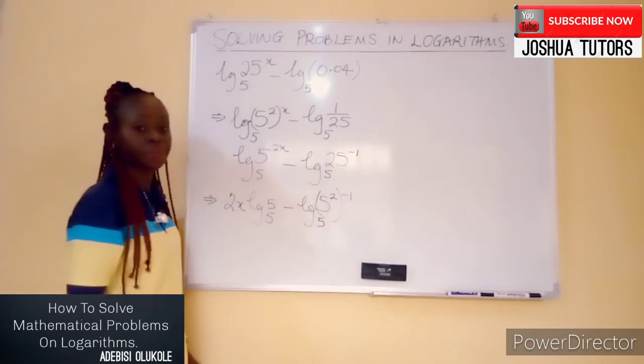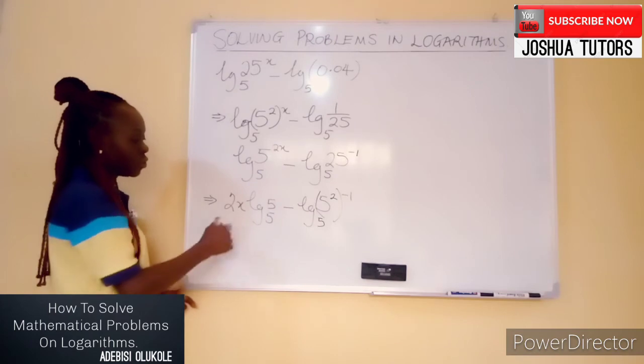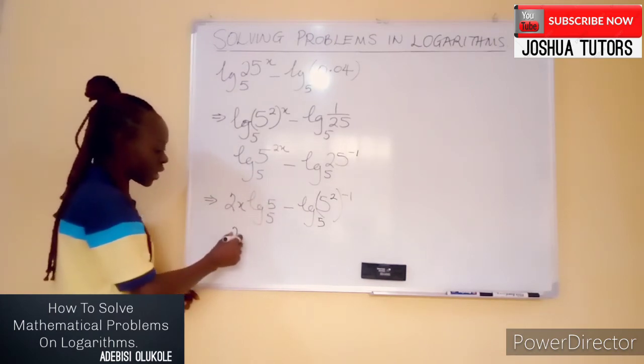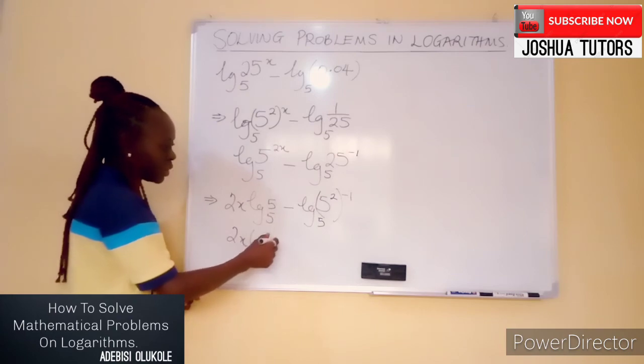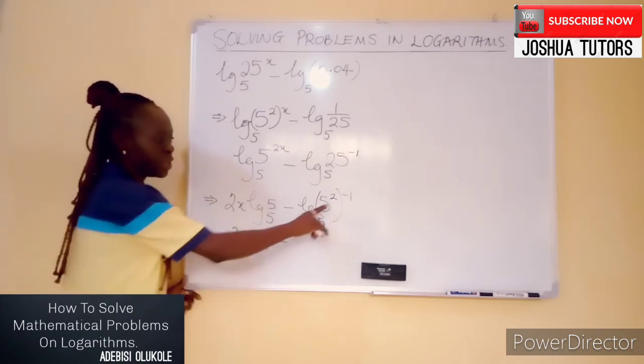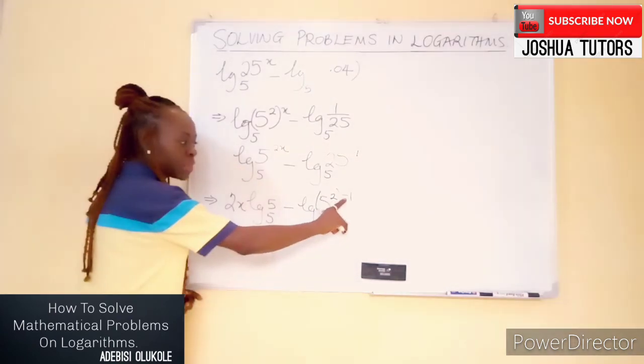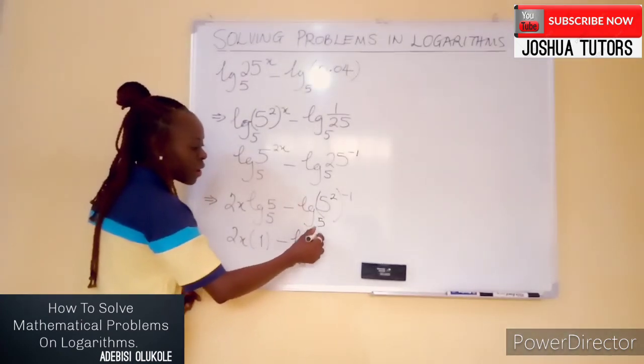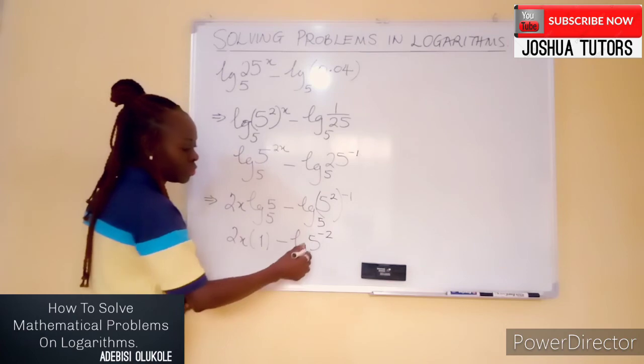Do you see that? Okay, so log 5 to base 5 is 1. So I have 2x into 1, minus, the power here, 2, multiplies the power outside. I have log of 5 raised to the power of minus 2 to base 5.